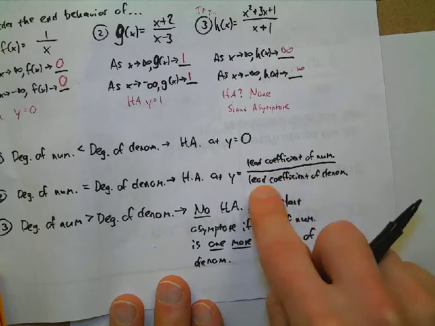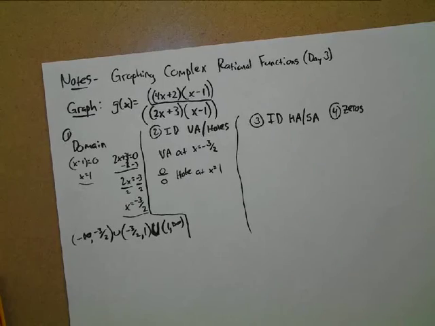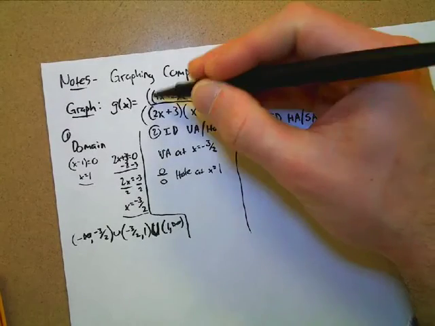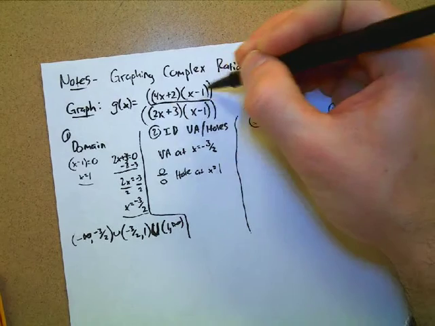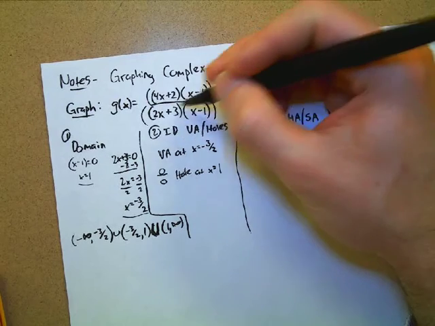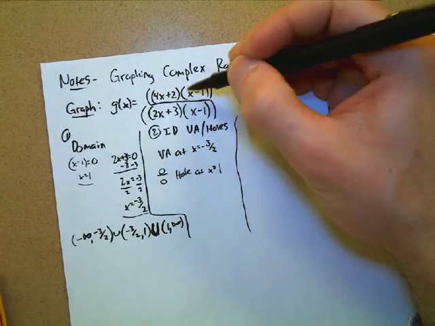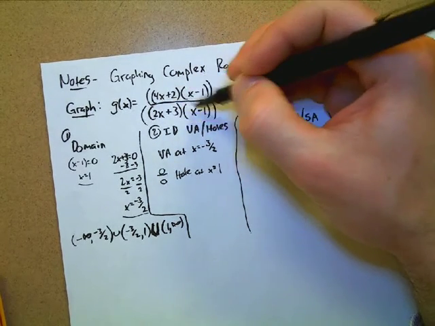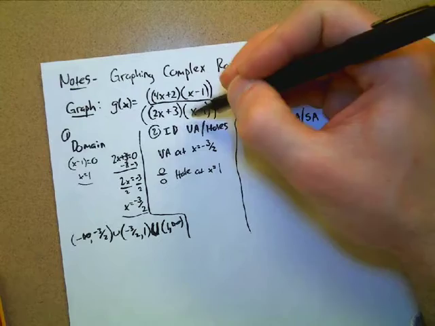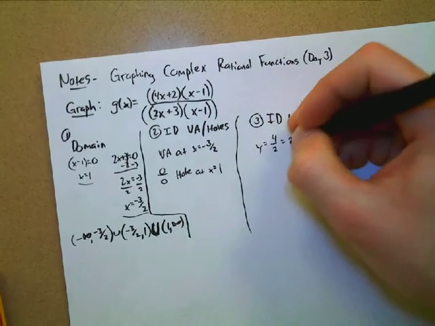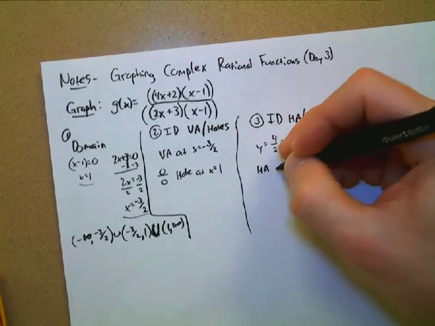So it's the ratio of the lead coefficients. If you were to multiply it out, what would the lead coefficient of the numerator be? 4, since 4 times 1 gives you 4. What's the lead coefficient of the denominator? 2, since 2 times 1 is 2. So it's y equals 4 over 2, or just 2. So horizontal asymptote at y equals 2.